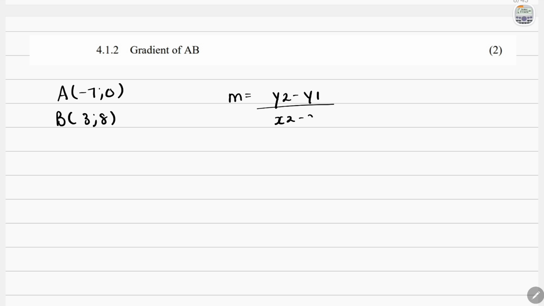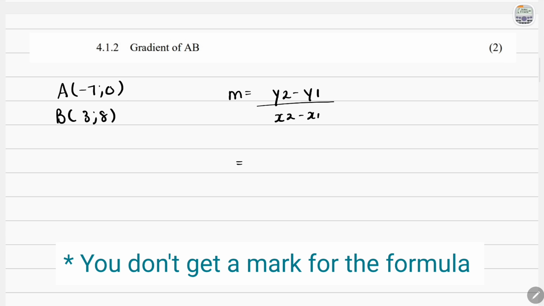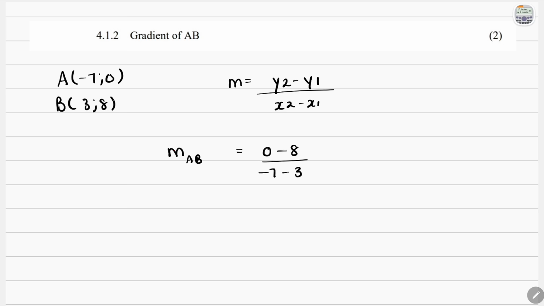You don't have to write that again. That is fine. You don't get a mark for writing the equation. Okay, because grade 11s get a formula sheet now as well. So you can choose to go in any order. You can say top minus bottom or bottom minus top. I'm just going to go with top minus bottom. So the y values, 0 minus 8 over negative 7 minus 3. And this is the gradient of AB.